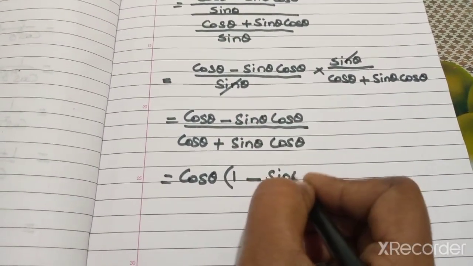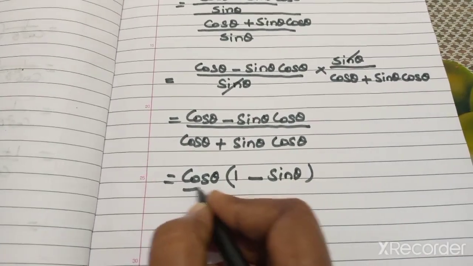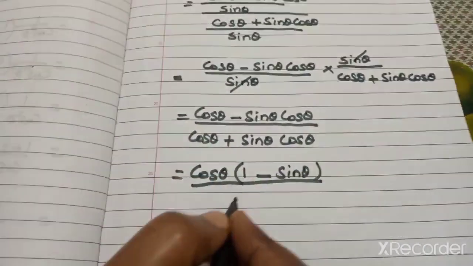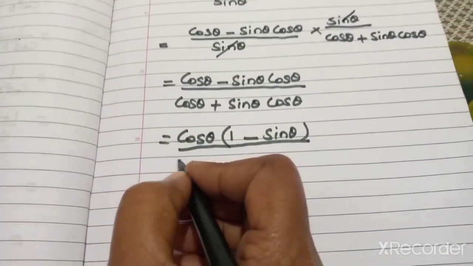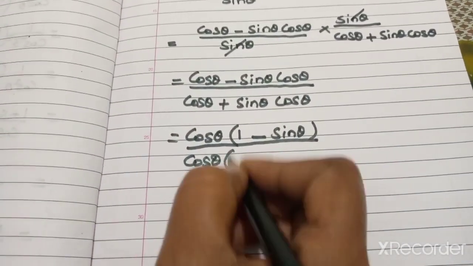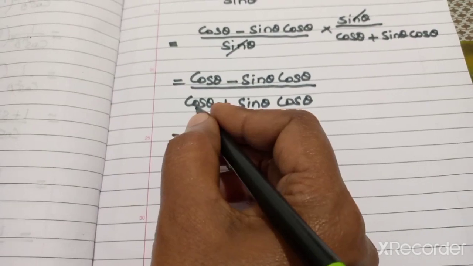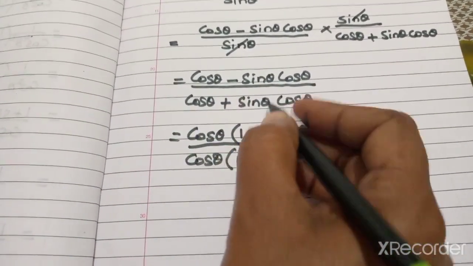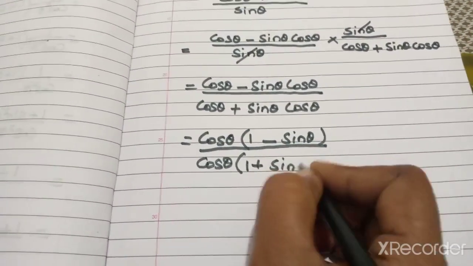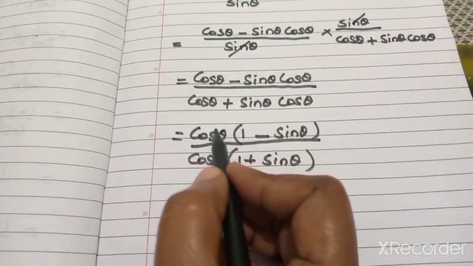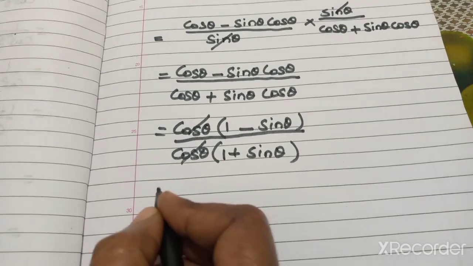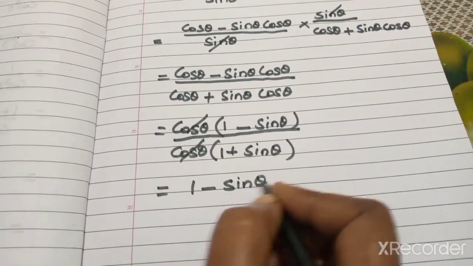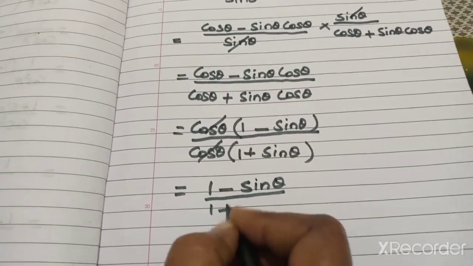The denominator also has the same common term, let us take it out: cos theta into 1 plus sin theta. Now here cos theta can be cancelled, remaining 1 minus sin theta by 1 plus sin theta.